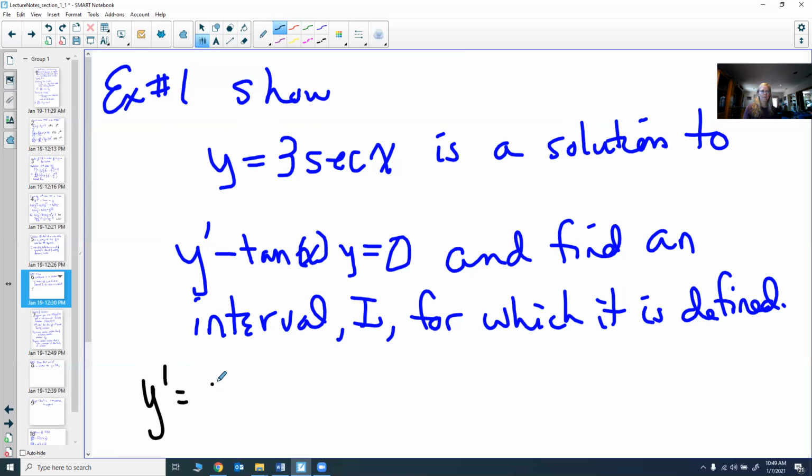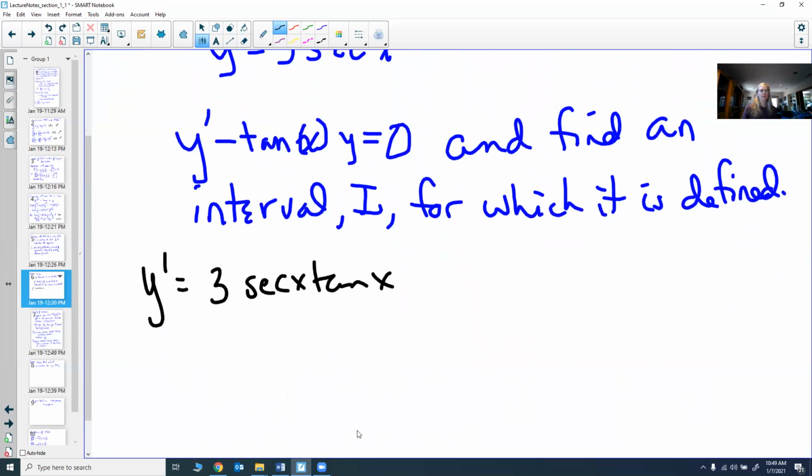So y prime, the derivative of secant, is secant x times tangent x. All right, so then we're going to go ahead and put that in. And again, I like to be very specific with my work.